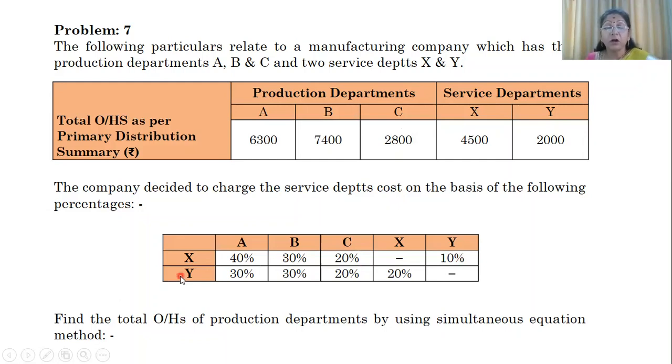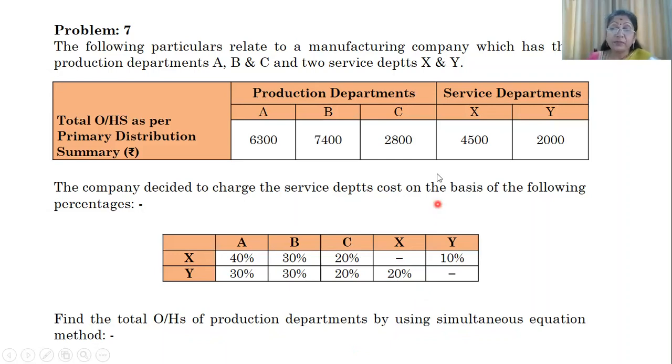Then Y: A 30%, B 30%, C 20% and X 20%. They're asking to find the production departments' overheads by using the simultaneous equation method.